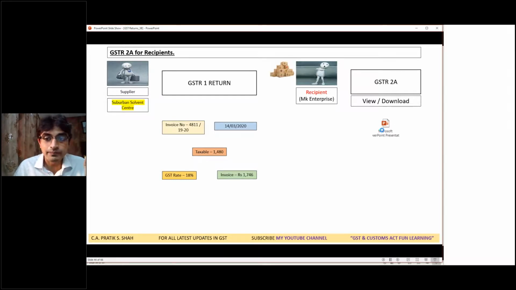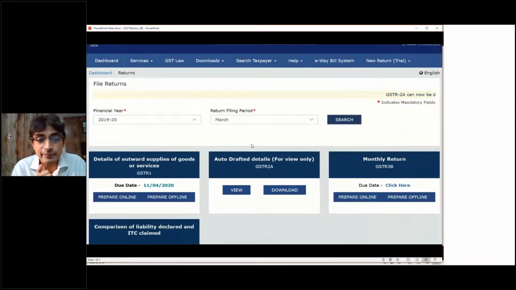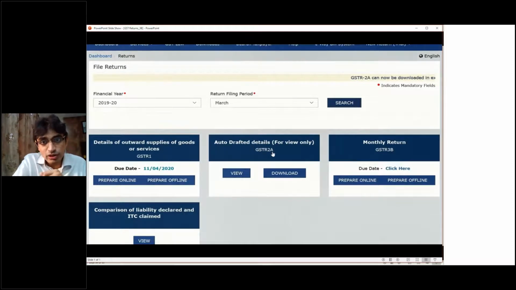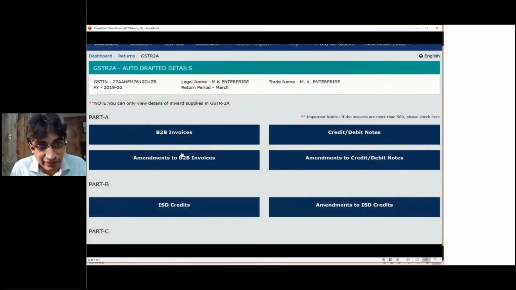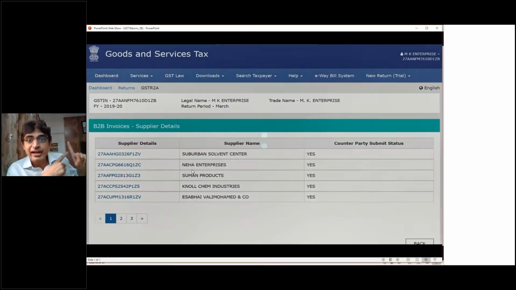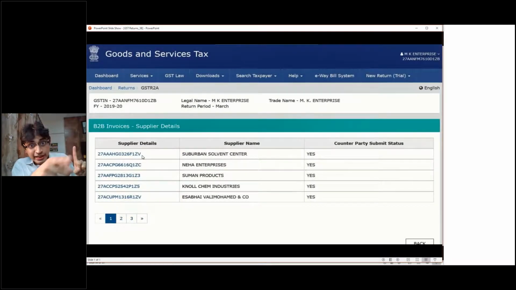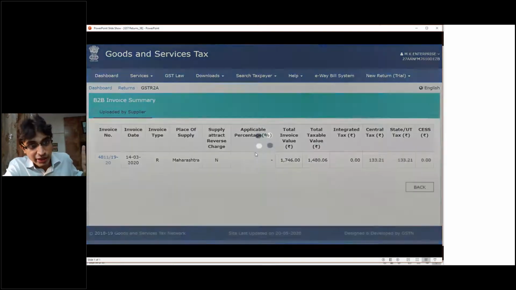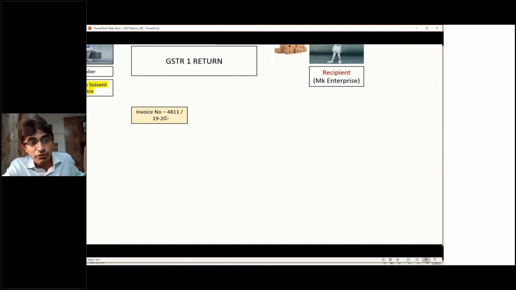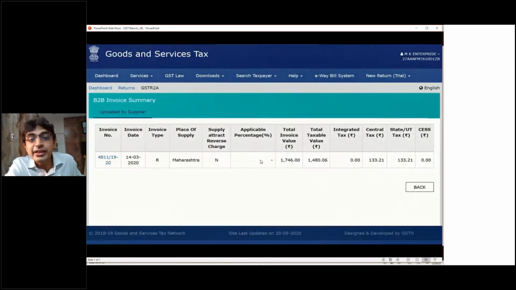Now I'm opening MK's GSTR2A. You can see this on the GST portal only for viewing. Once you click B2B invoices, here you will get all the details of the seller. See, Suburban filed GSTR1, and through it the details are auto-populated in his GSTR2A. Same details are there: 4811, 4811, 1920.